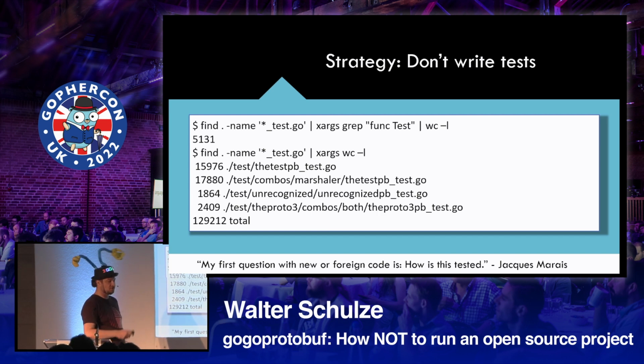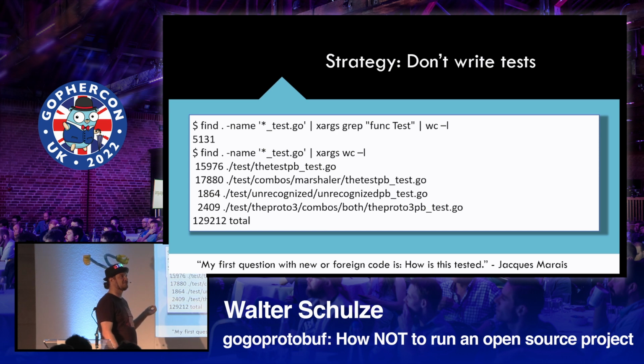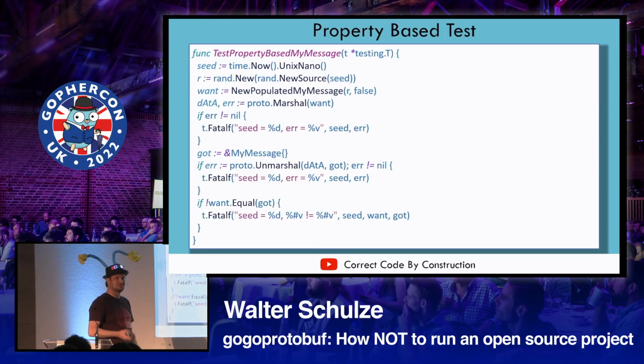That's good. So we didn't write all these 5,000 tests and 9,000 lines of test code. We generated them. We run a generator. So we use the populate and testgen plugins, and we generate these tests that create a random message, marshal it, unmarshal it, and check whether it's equal to the original.